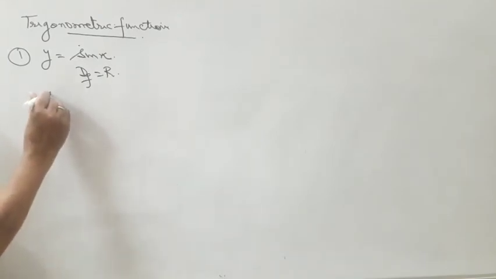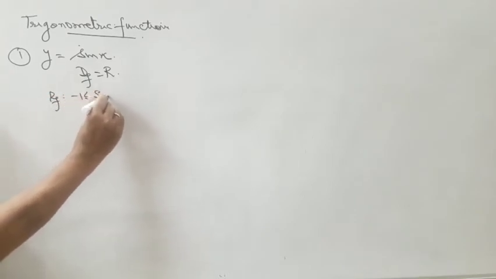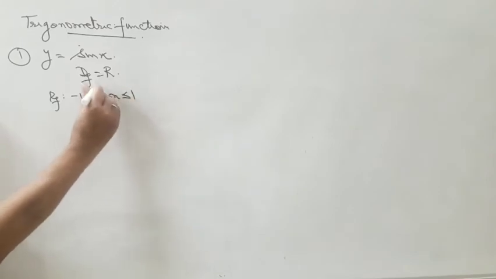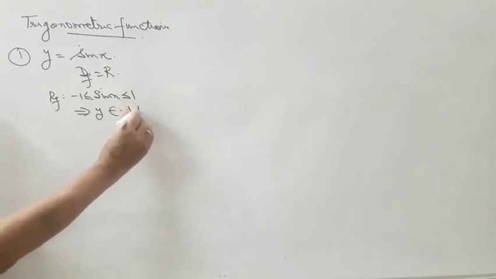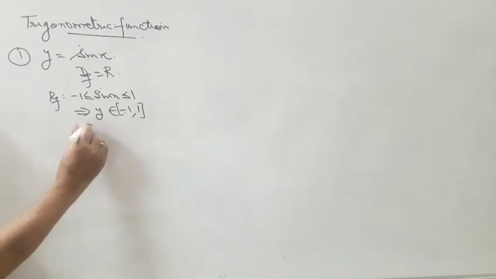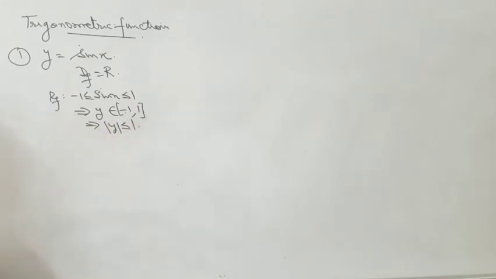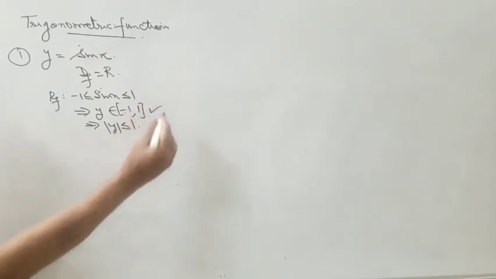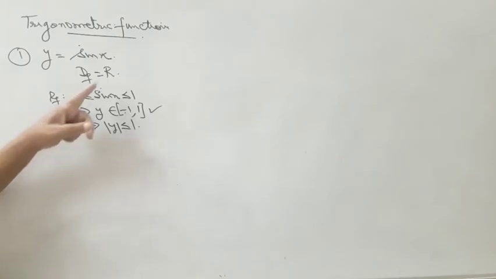The range is between minus 1 and 1, and therefore the range of the function is minus 1 less than or equal to sin x less than or equal to 1, implies that y belongs to minus 1 to 1 closed interval. And this can be written as modulus y less than or equal to 1. You can write in this way or you can write y belongs to minus 1 to 1. This is it: the domain is all real, range is minus 1 to 1.